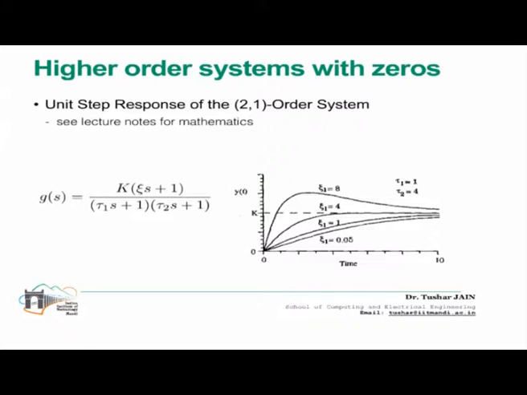Okay, so now there could occur a fourth case as well, where xi is less than 0. What will happen?